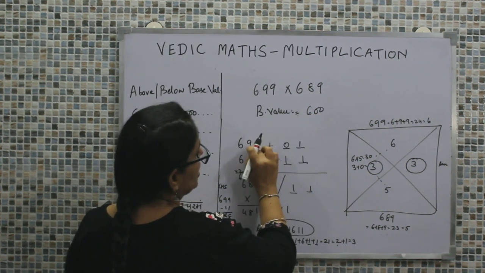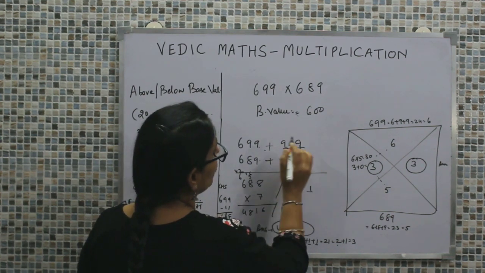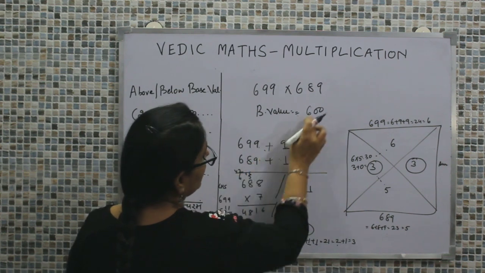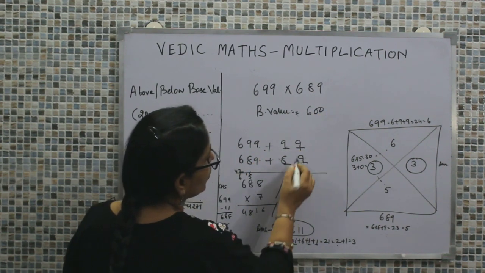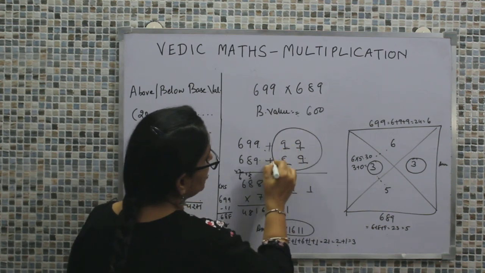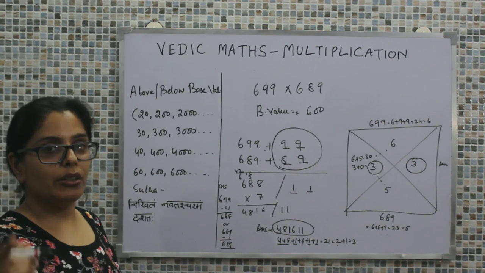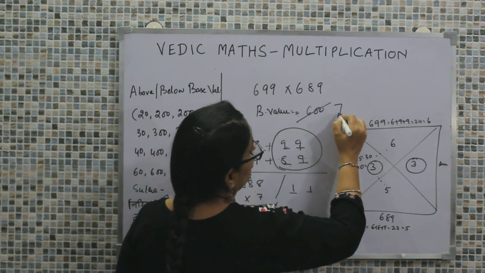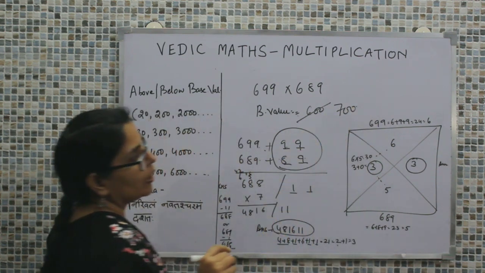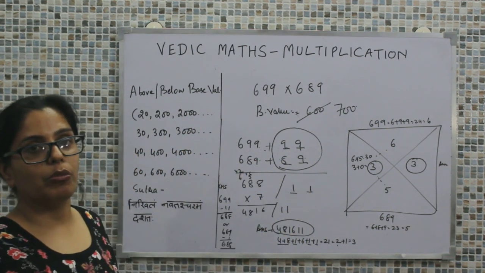Now when we compare 600 and 699, this is 99 more. And when we have 689 and 600, it is 89 more. Now as you can find here, the multiplication goes very complicated. So it is a very logical choice that instead of using 600, we consider the base value as 700, because this way the answer is also going to come.